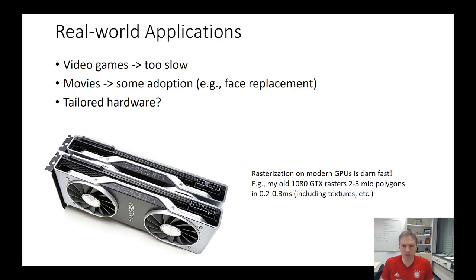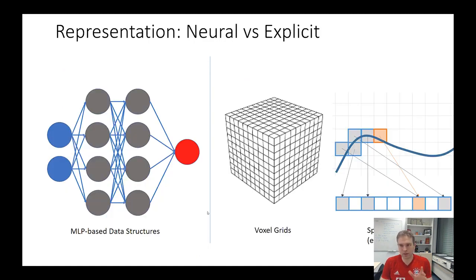I want to go into a few details here. One of the things that's probably the most discussed right now is what the right representation is. Do we need a neural representation, basically MLPs that, for instance, store something like a radiance field in their implicit structure? Or do we have explicit representations such as voxel grids, sparse voxel grids, and so on? You could make an argument for either one.